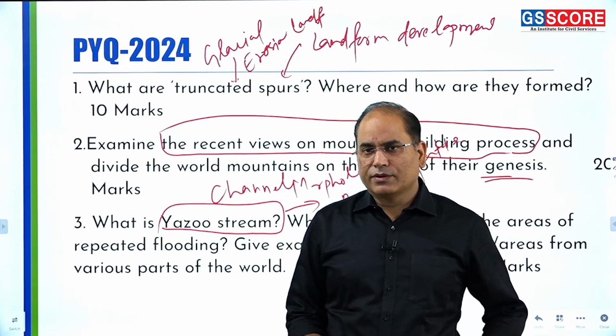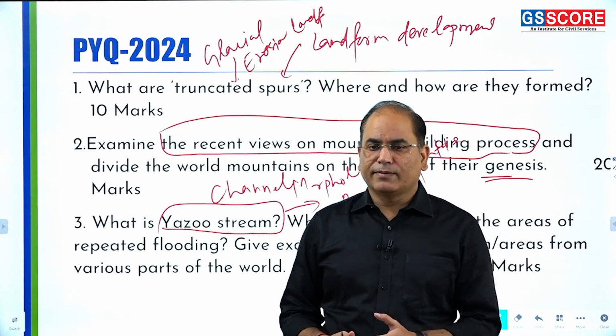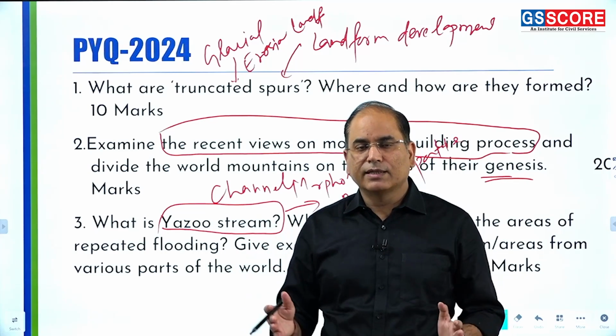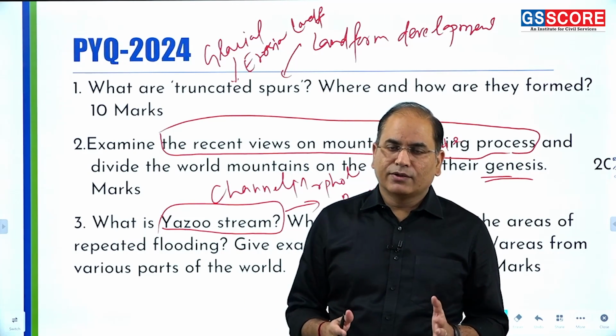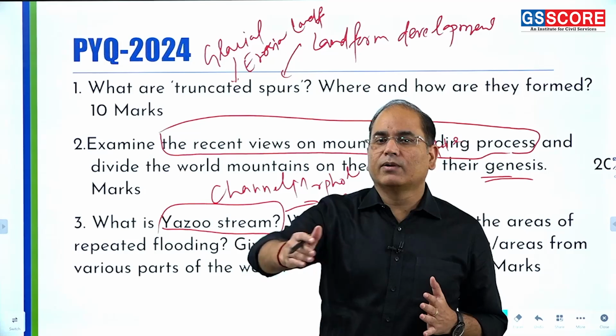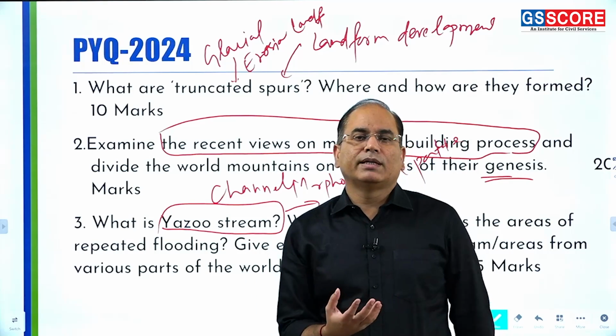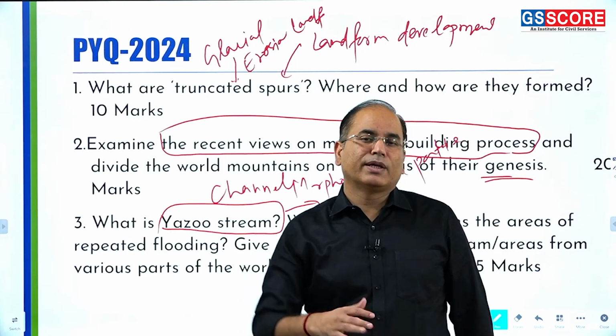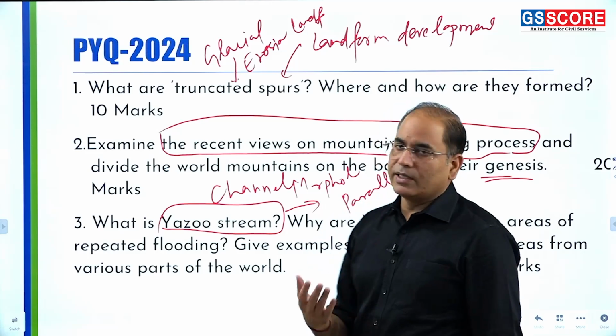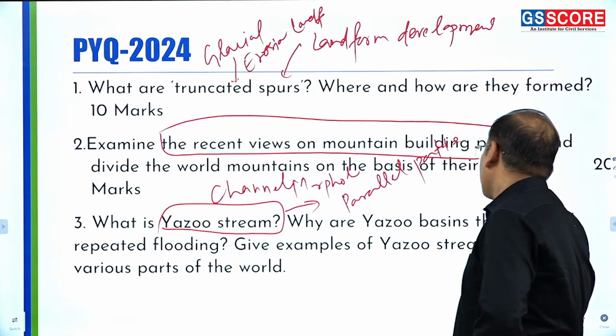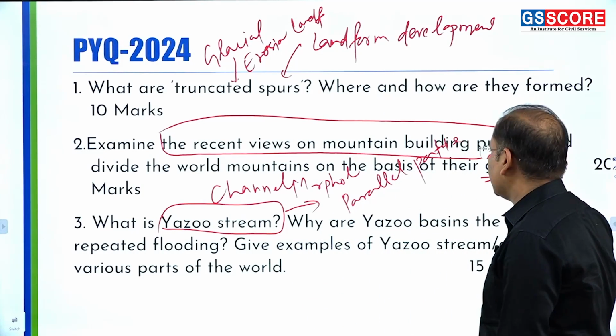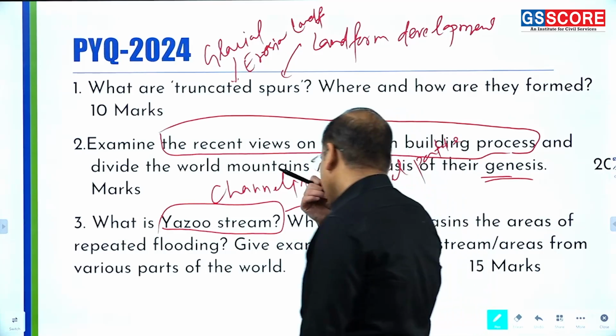Generally, when the tributary is trying to join, but if there is some sediment deposition, levees, the tributary will not be able to join. So obviously, the river is flowing in the low lying area, so there will be huge chances of flooding. Give examples of Yazoo stream and areas from various parts of the world.